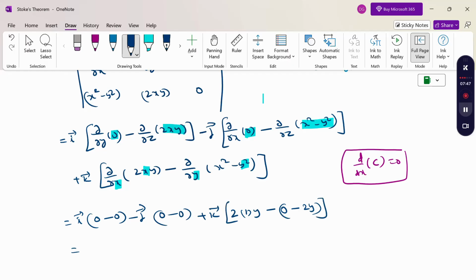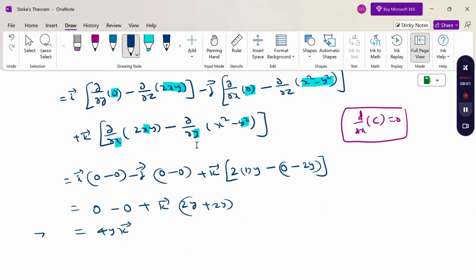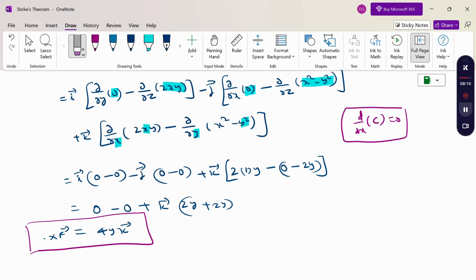Now the first term 0, second term 0 plus k vector 2y, minus of minus plus 2y, this is 4y k vector. The 4y k vector is nothing but del cross f vector, which is curl f.